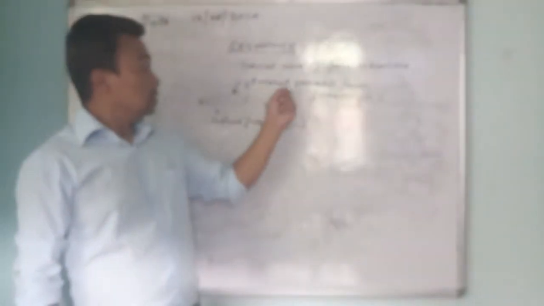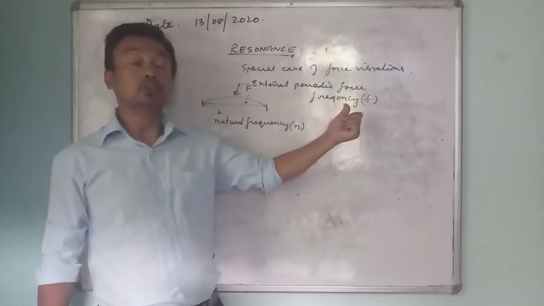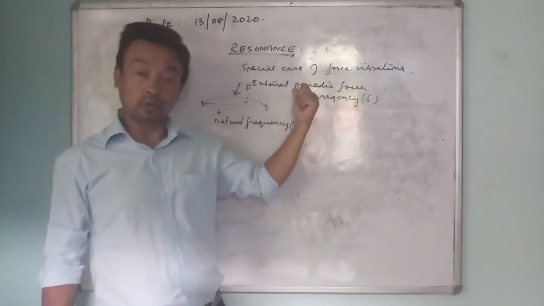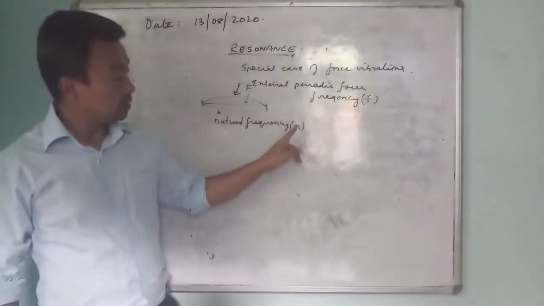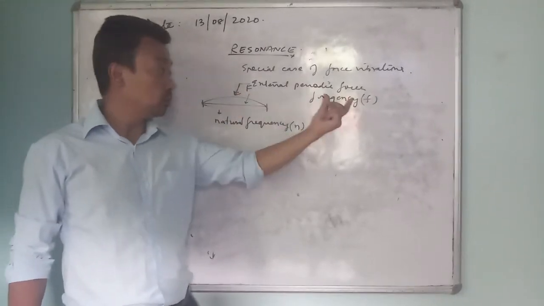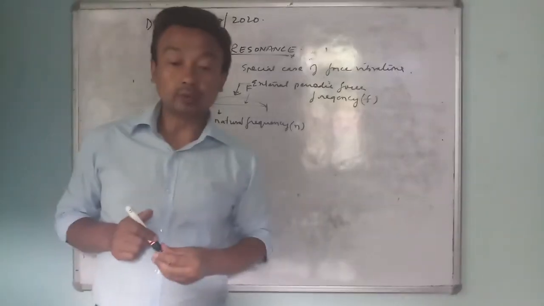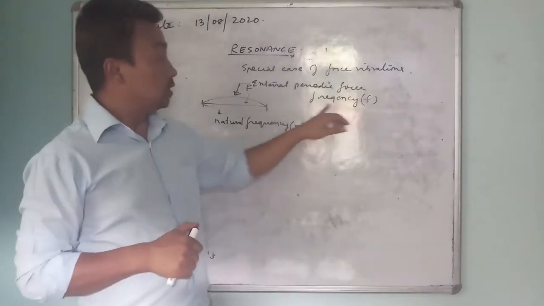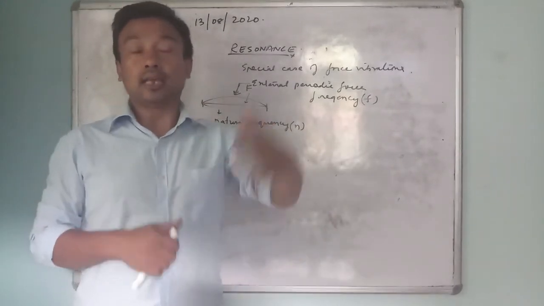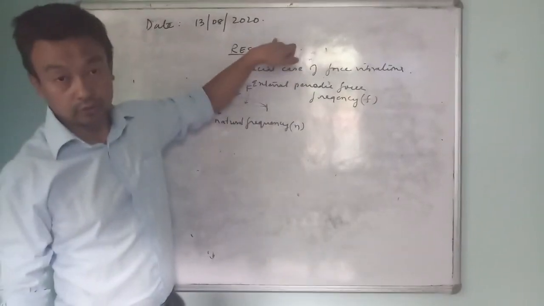Now this string does not vibrate due to its natural frequency, but it will vibrate due to the frequency of this force. Okay, now there are two frequencies here. This frequency is the natural frequency of the body, this frequency is due to the applied force. Now when these two frequencies become equal, then the body will start to vibrate with increased amplitude. The amplitude increases and a loud sound is heard, and that is resonance.